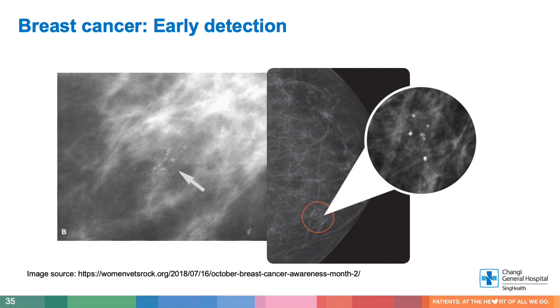As we can see in these two pictures and the magnification view, there are little white spots or dots commonly known as microcalcifications, and these are calcium deposits. So in cases of early breast cancer, before a lump has formed, cancer can show up as just calcium deposits or microcalcifications that are only seen on mammogram.